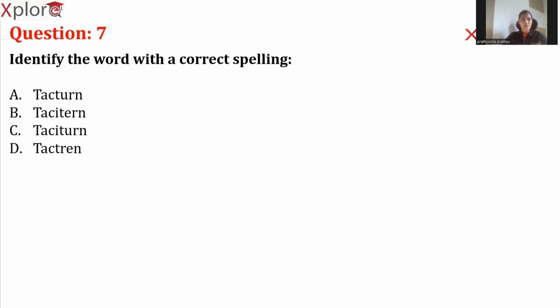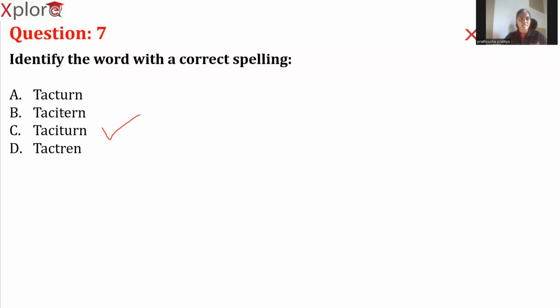Before revealing the correct spelling, we should know the meaning of the term taciturn. It means a person who does not communicate much, a reserved kind of person who doesn't like to talk too much. So the correct spelling is option C.